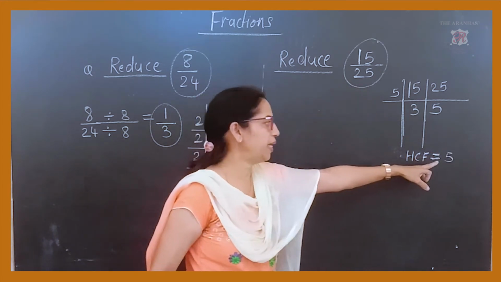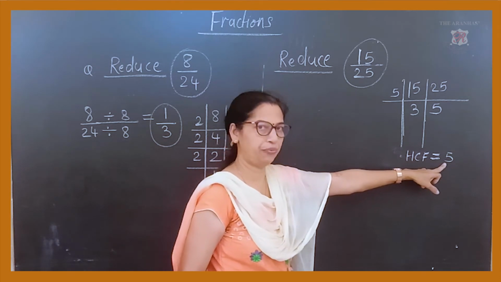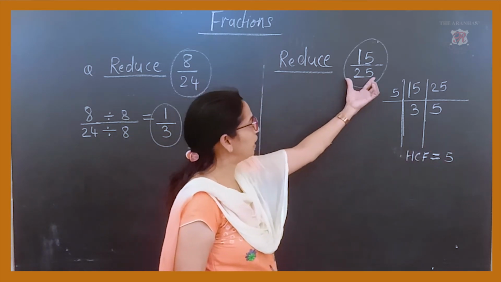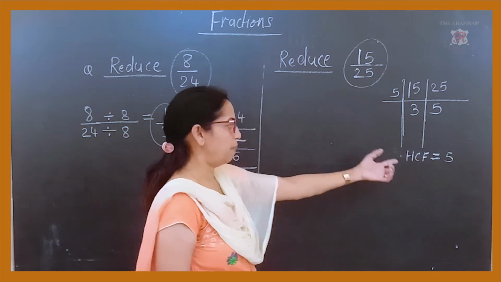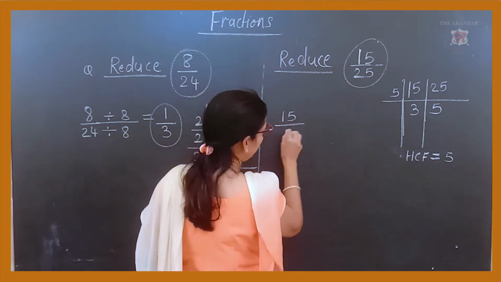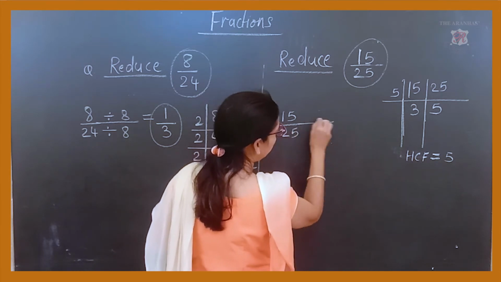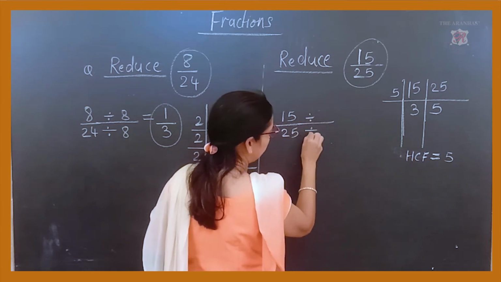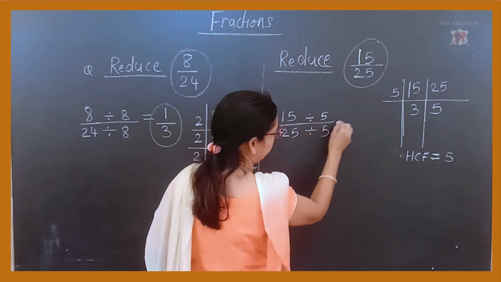Now after finding this HCF 5, you divide the given fraction by 5. So 15 upon 25, you divide by 5.